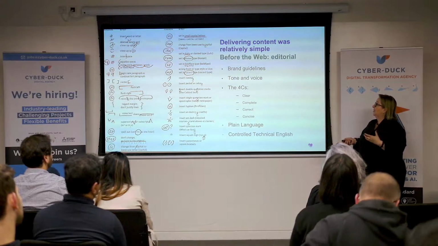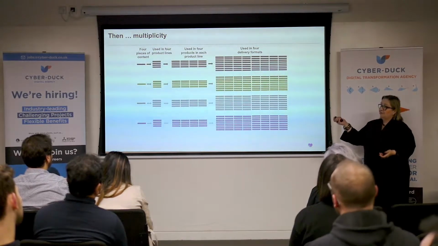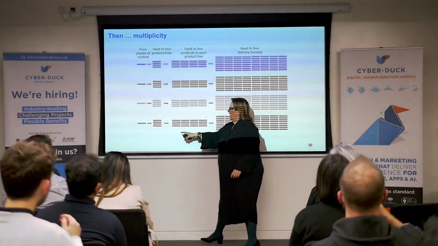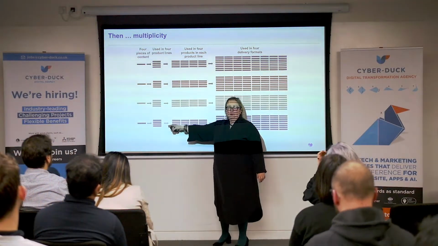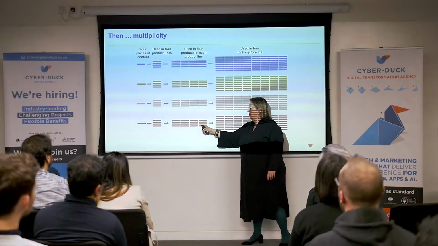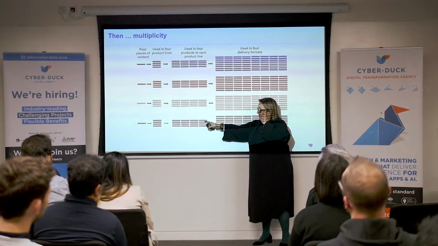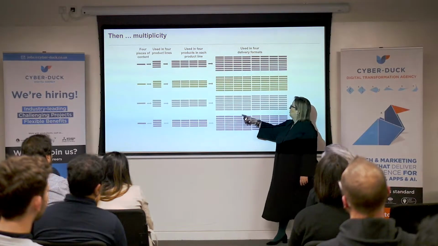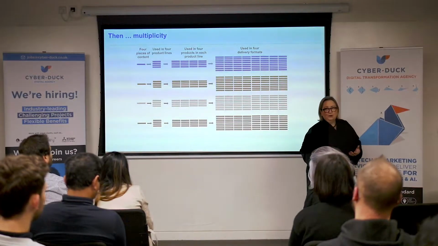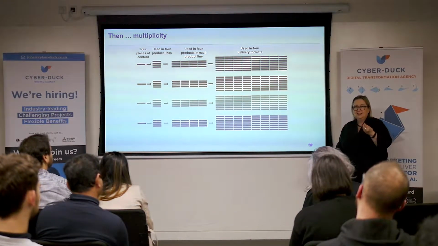complexity to content. What we've got now is something that we were calling multiplicity, where you have a piece of content, and that gets used in 4 different products, in 4 different product lines, and in 4 different products in each product line, so that's 16, and then you start to do these things in other languages or in other media or whatever, and so you're reusing that one piece of content.